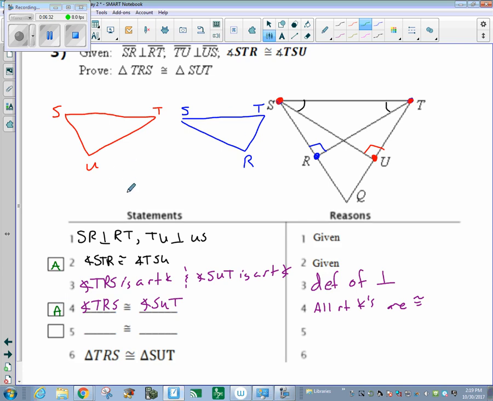So if I mark them up here, we have angle STU, which is this guy right here, and that guy right there, TSR. We also know that these guys are right angles. And so if we want, we can then say that we have a reflexive side of ST. So ST is congruent to ST by the reflexive property.